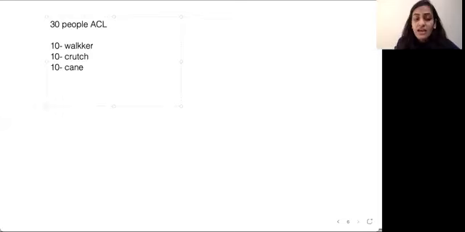You want to see if there is any difference in the distance covered by them with a walker, with a crutch, or with a cane. Tell me, what should I use here?